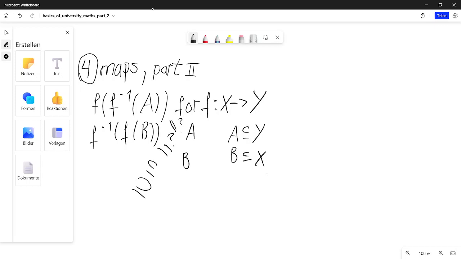I consider element y in this set, and we know just by definition of this set that applying f to an element of the pre-image of a set just catapults this element into the set, so this subset relationship is obvious, right? Right, but what about the other one? So this is checked. What about the other one?